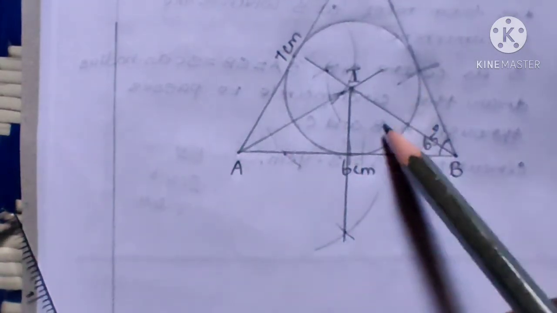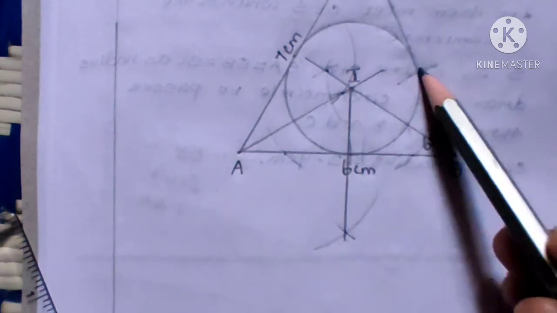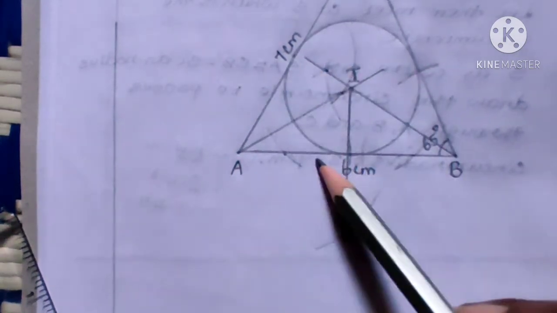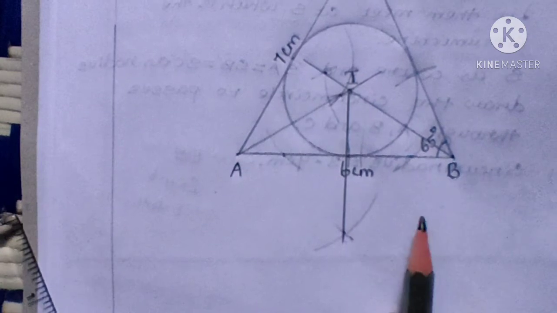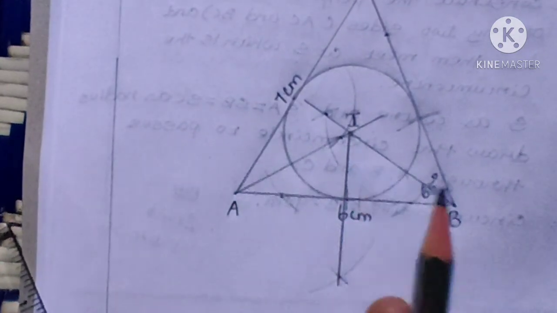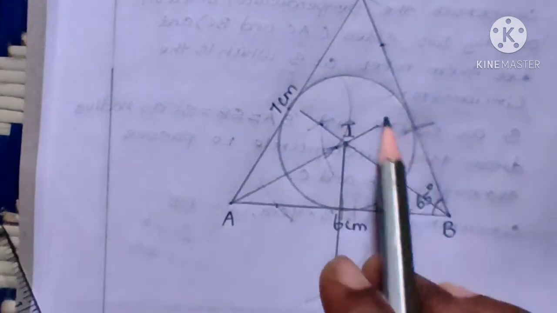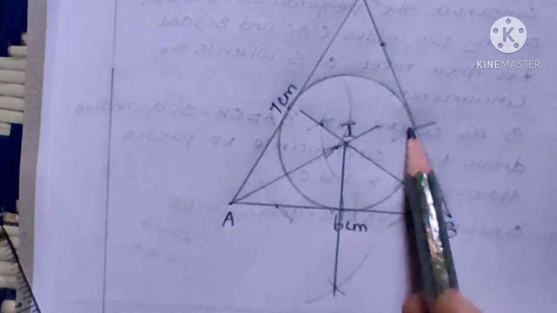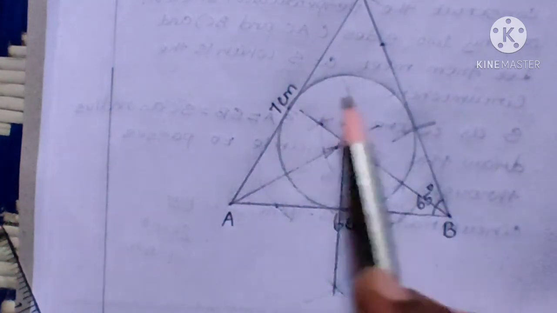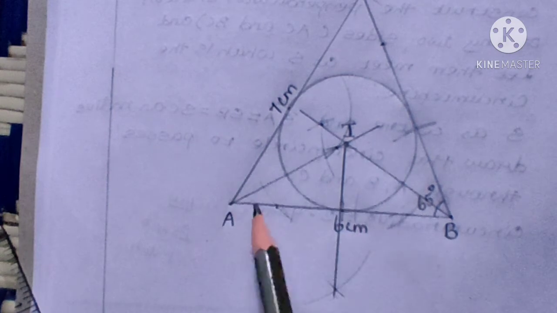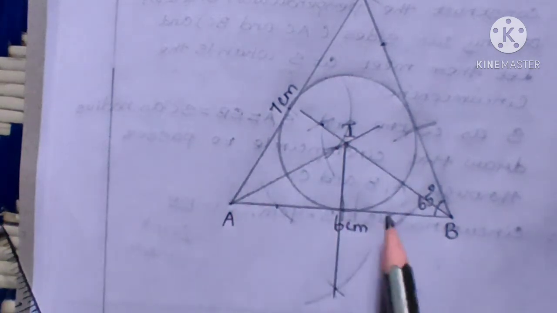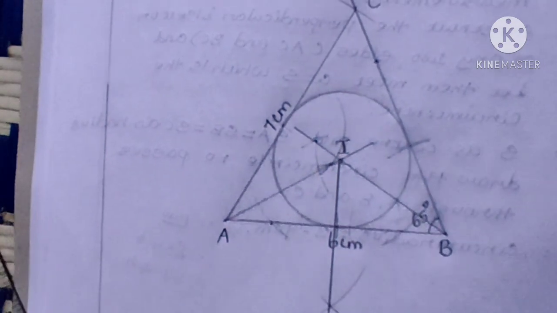Okay, see the circle coincides with the three sides. If your measurement is wrong, you don't get the incircle. Outside you get the circle. So take the measures clearly and draw this diagram.